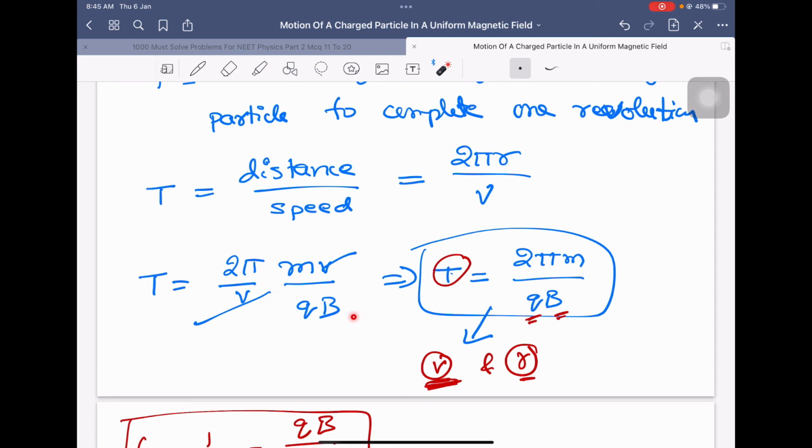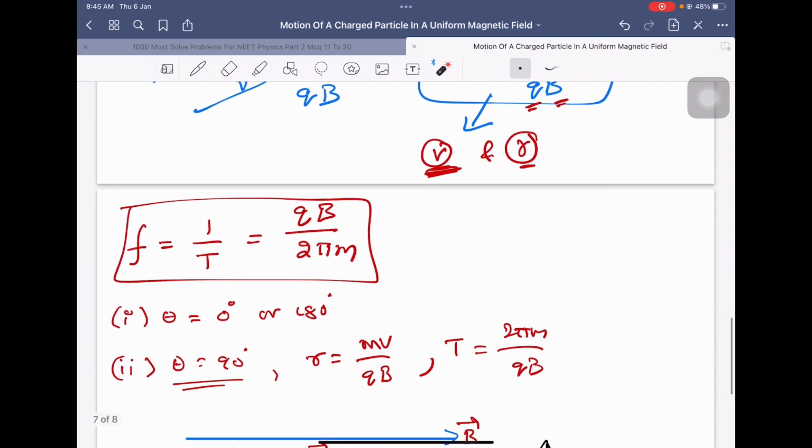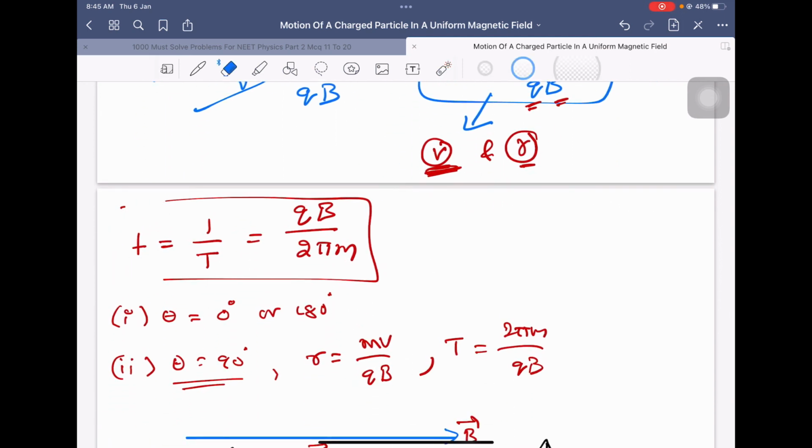We know that r is equal to mv by qB. v gets cancelled. We get an equation for time period which is independent of the velocity and radius of the charged particle. Frequency of revolution is equal to the inverse of time period, so that will be qB divided by 2 pi m.